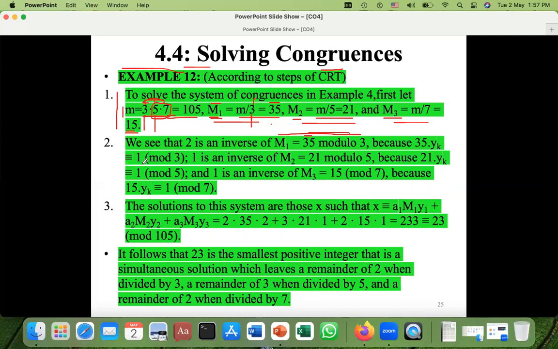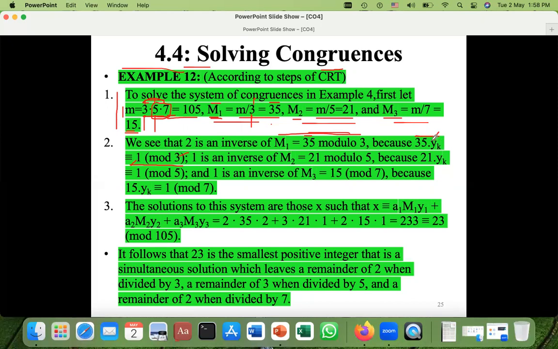35.yk congruent to 1 mod 3, which means that you divide the left hand side by this 3 and get 1 as a remainder. And you can use any value here in place of this yk. If this whole congruence holds, then you will have the value here.